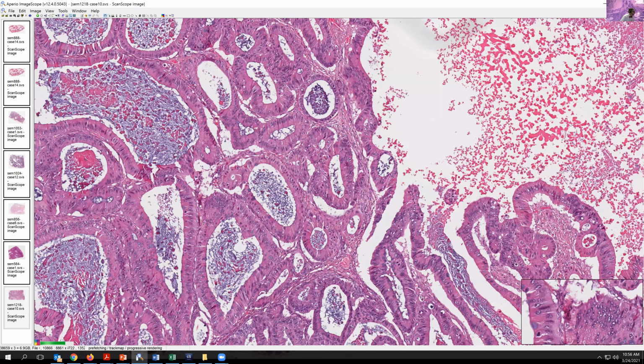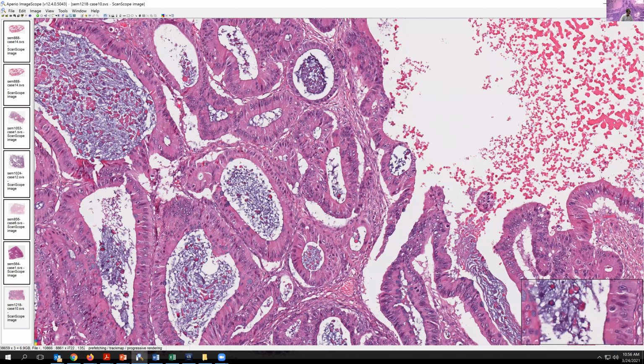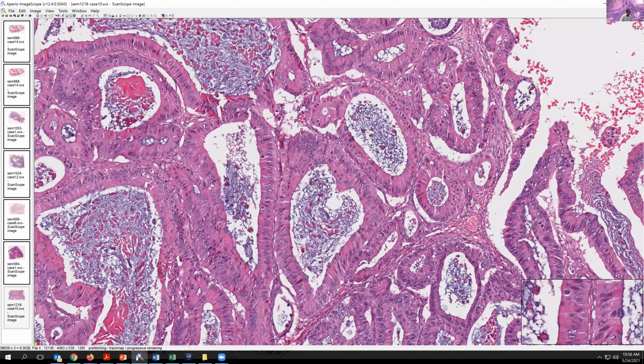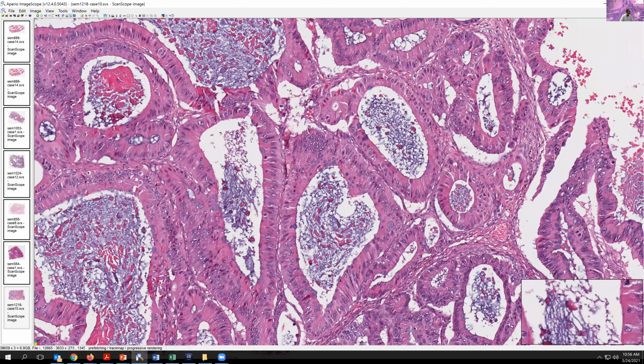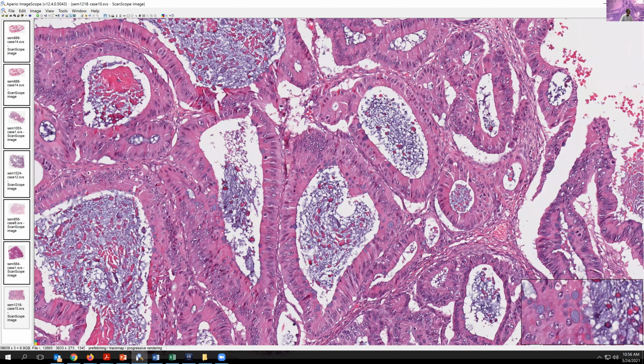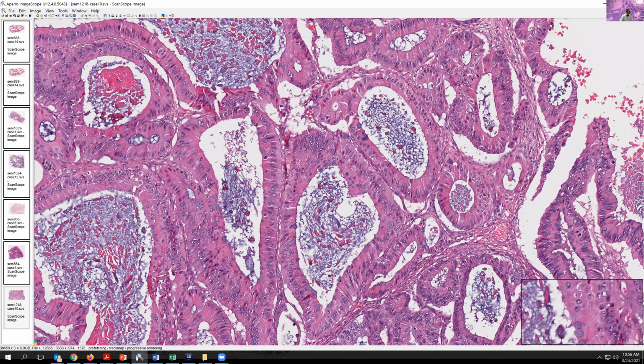The other feature that can be found here is a little bit more subtle, but it is this goblet cell type of pattern. These droplet-like mucin droplets in the cytoplasm are far more characteristic of mucinous or enteric type colorectal tumors than they are of any mucin-producing endometrioid tumors.